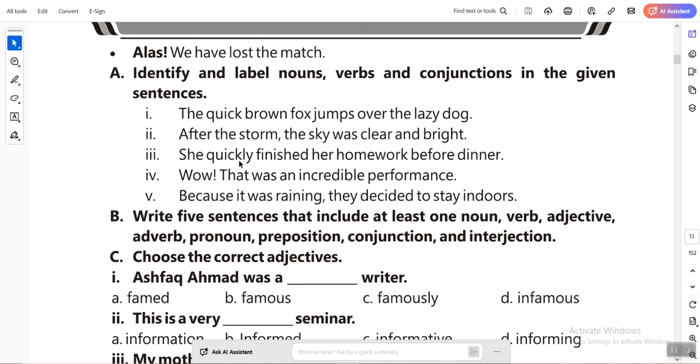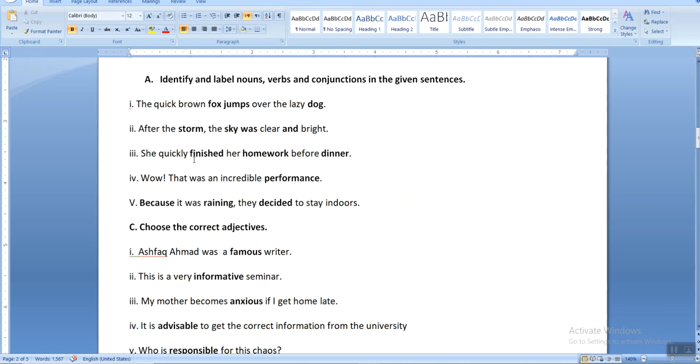The third sentence is: She quickly finished her homework before dinner. You can find out what the verb is. Obviously the verb here is finished, then homework is the noun. Dinner can also be considered a noun. So in sentence number 3 we can see that finished is our verb, homework is a noun, and dinner is a noun.